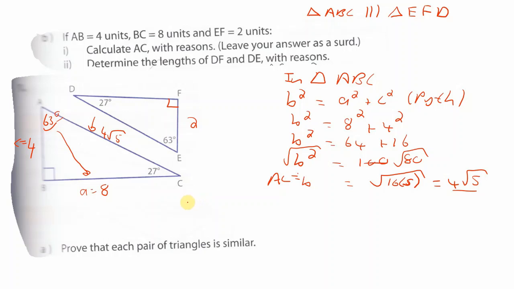We can say that the length of AB as a proportion to EF must be the same proportion as BC to FD, which must be the same proportion as the length of AC to ED.